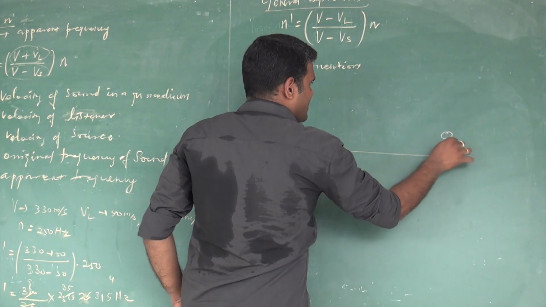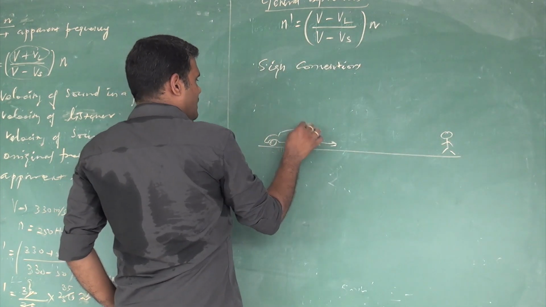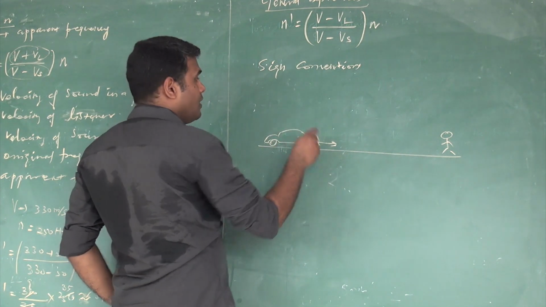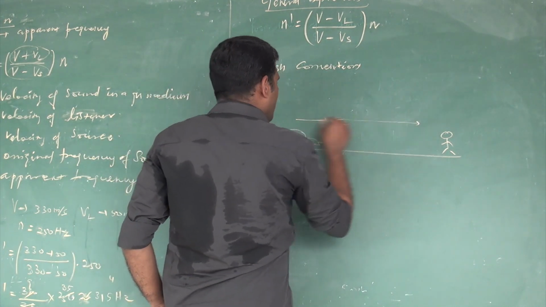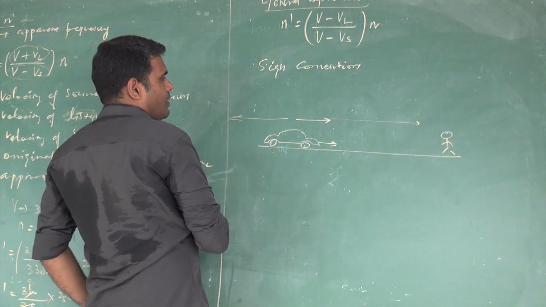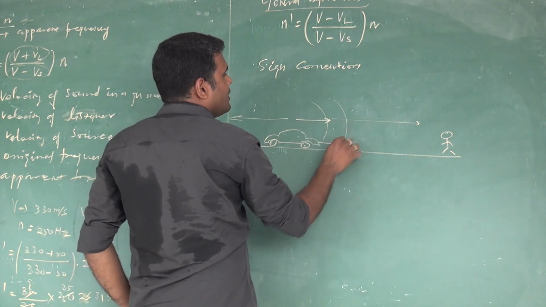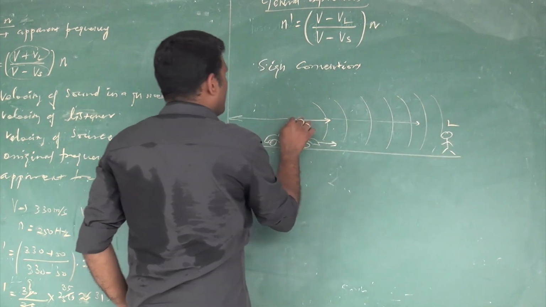A listener is standing at a far off distance. If the driver honks the horn, then the sound waves will be traveling in all directions. We have to consider the sound propagating towards the listener.